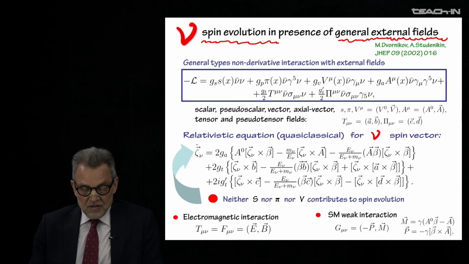From here it follows that neither scalar, pseudoscalar nor vector interactions of the neutrino contribute to the spin evolution, and only electromagnetic interactions and weak interactions can contribute to neutrino spin evolution. This is quite a general conclusion that is very important as a starting point for understanding the nature of, I just return back to, the spin light of neutrino.